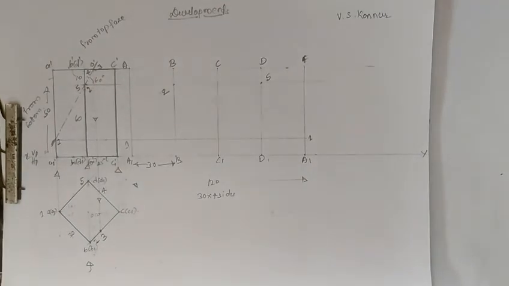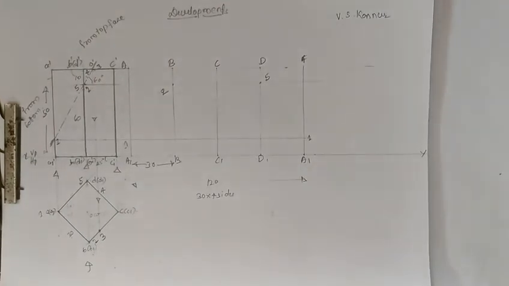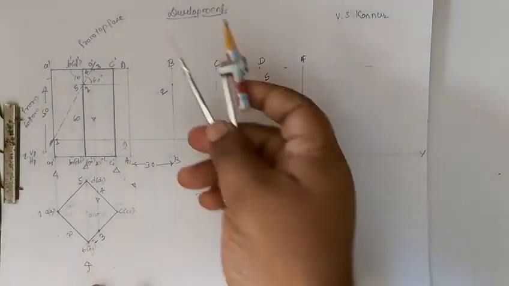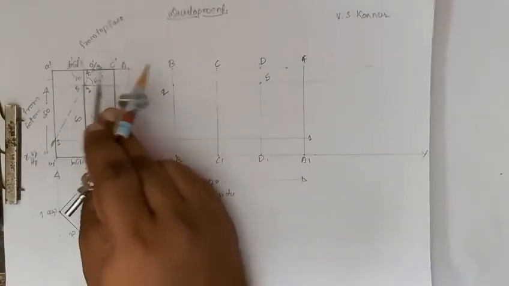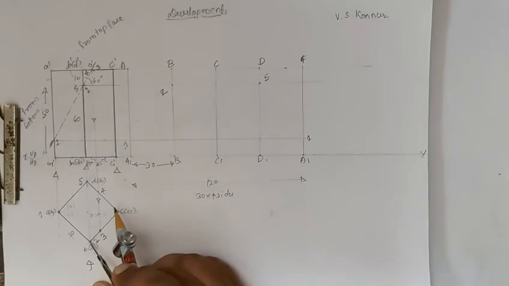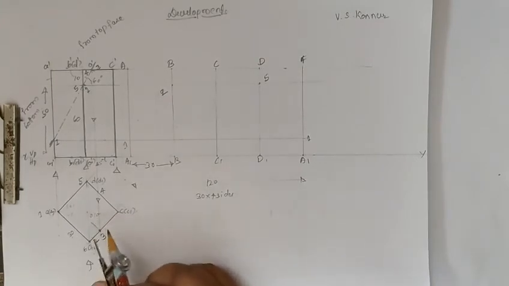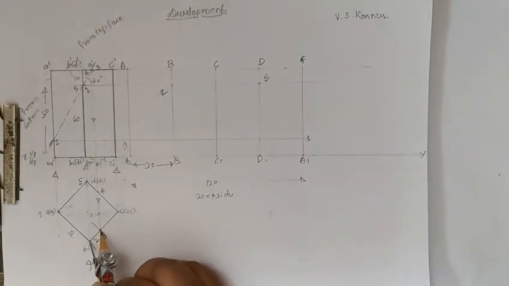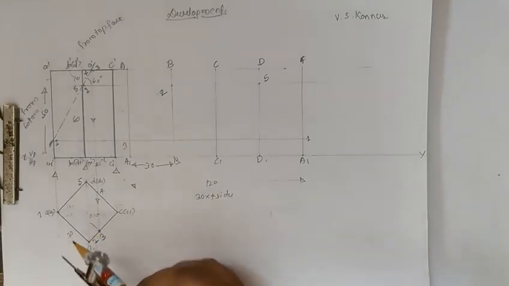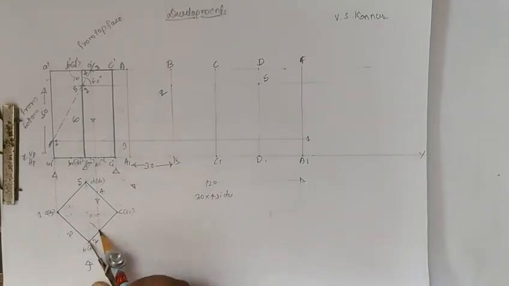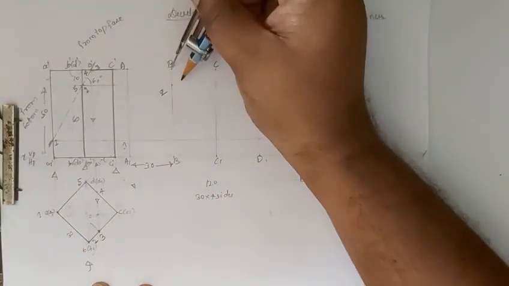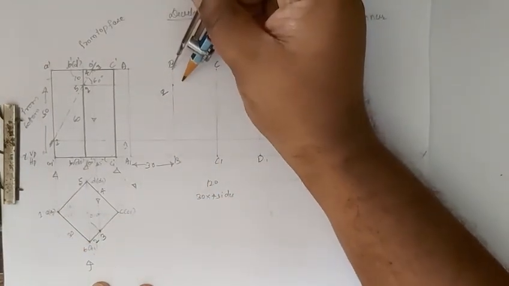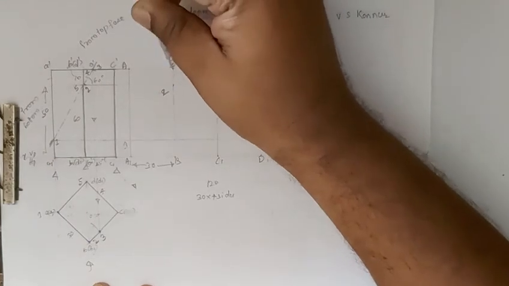For that, the distance we have to consider is C here. Now I am taking third point, B to C. B to C, that is the third point. Here third point is this distance. This distance you have to take for third point from BB1 to 3. Keeping at BB1, draw arc.